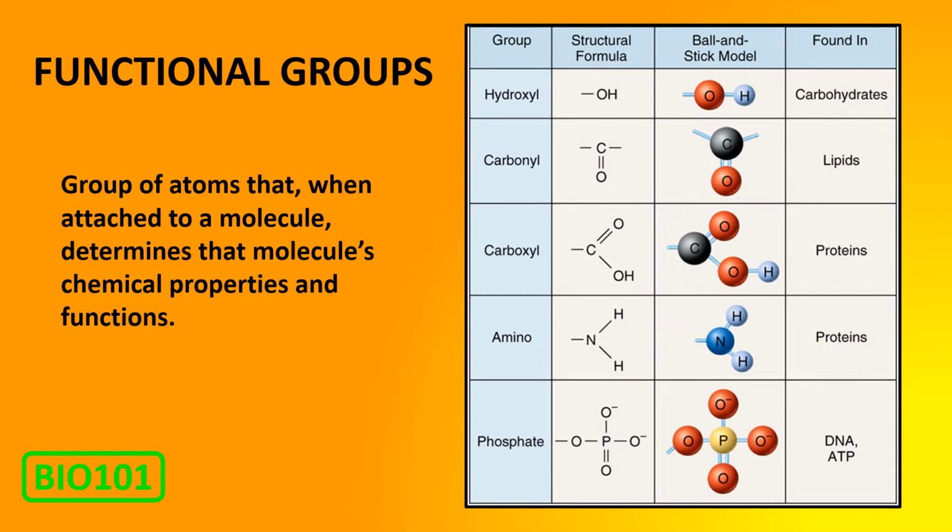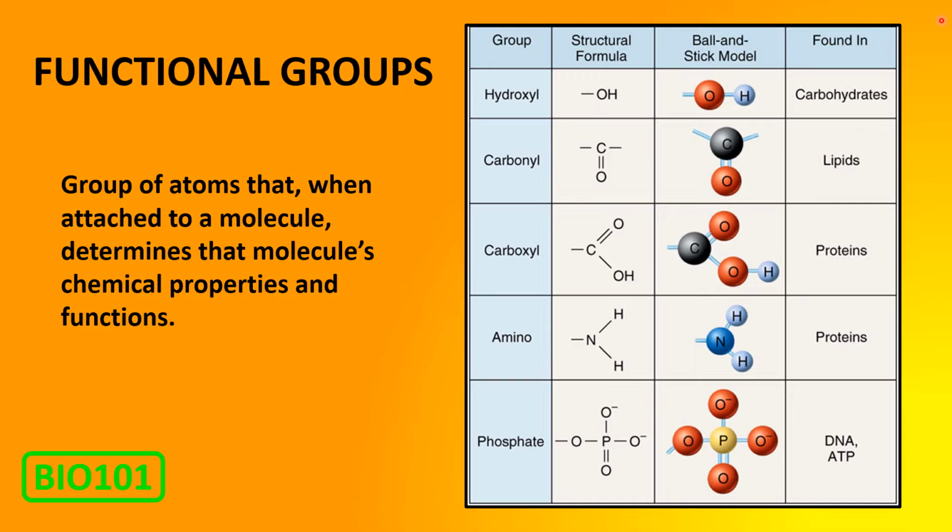Okay, as we get into our study of macromolecules, you want to familiarize yourselves with functional groups. So functional groups of atoms, when attached to a molecule, define the chemical properties and subsequently the functions of those molecules.